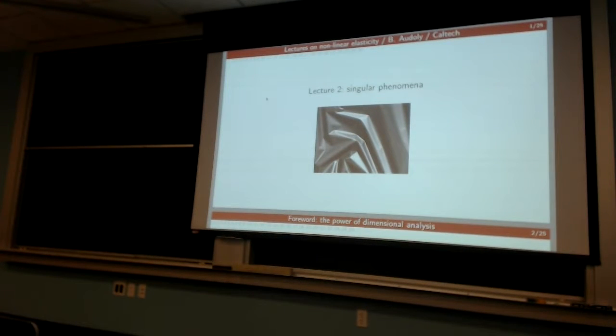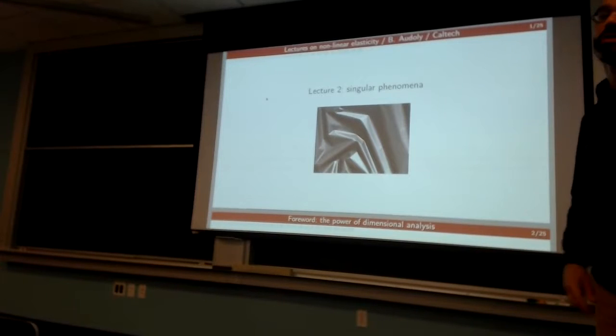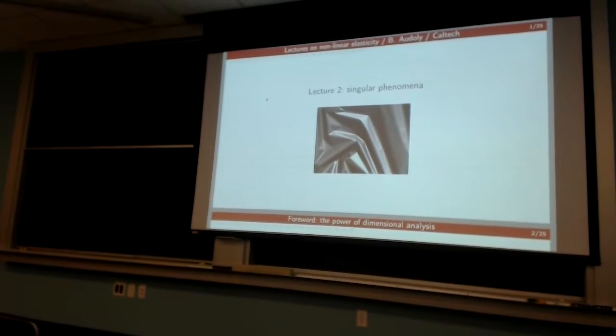Okay, so today we'll talk about singular phenomena, and there are plenty of these, and one you probably know is crumpled paper. So that's a thin sheet of paper. And naturally, and actually because of the geometry, the stress tends to focus on some very localized area.